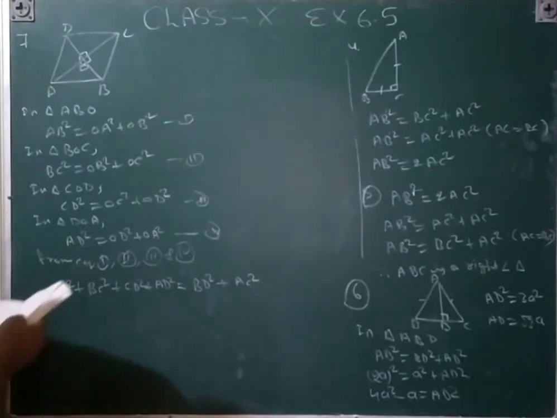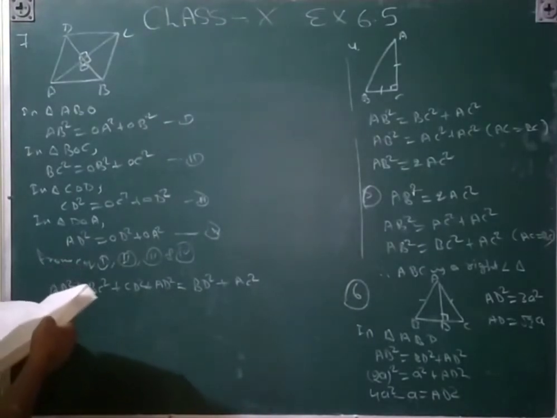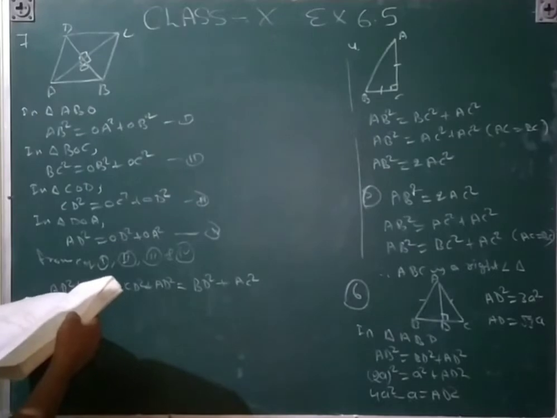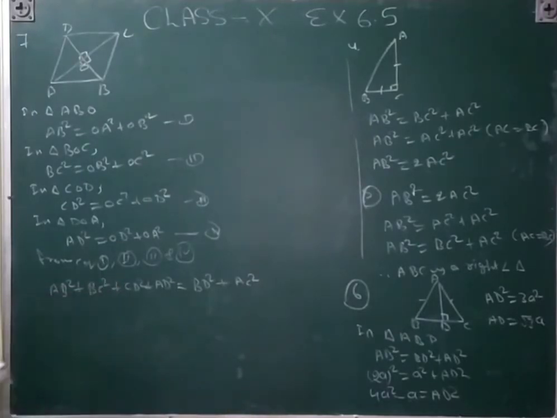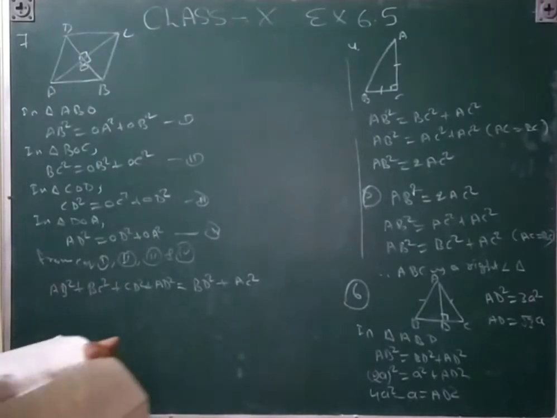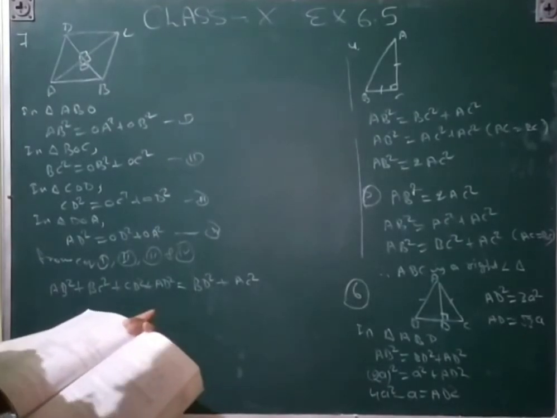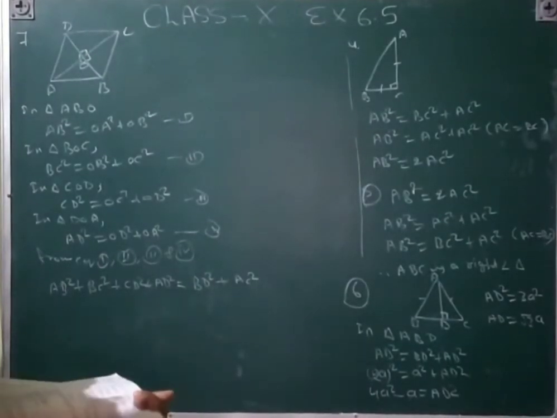So we needed to prove that the sum of the squares of the sides of a rhombus is equal to the sum of the squares of the diagonals. So that is proved.